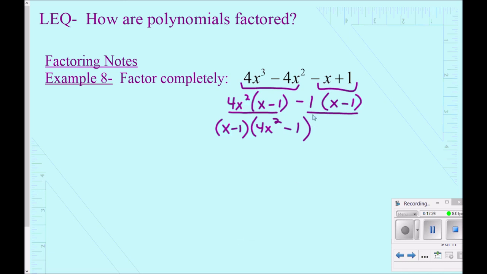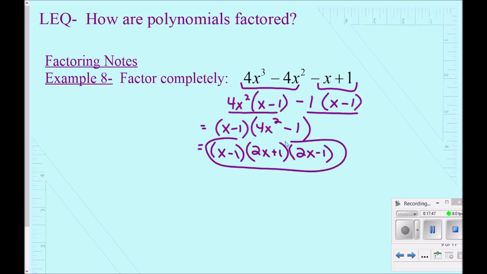So that's why I say be careful with that. It's a negative 1 that you factored out. So it's a 4x squared minus 1 that's left. So now I have the GCF x minus 1, and I see difference of squares here, 2x plus 1 times 2x minus 1. And that is my final answer.